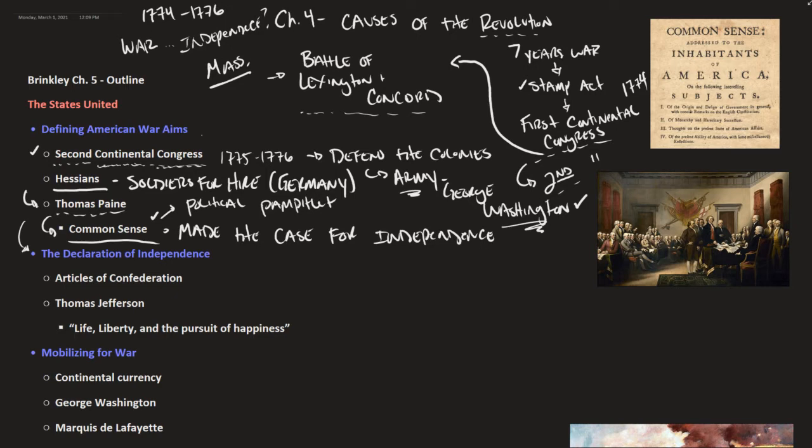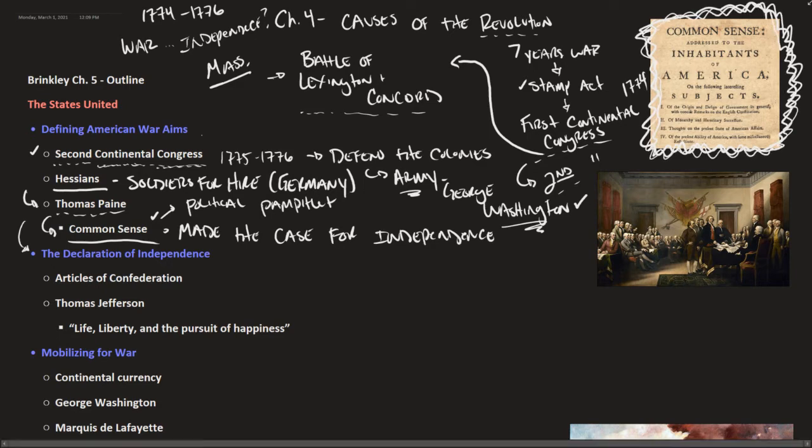One thing that Thomas Paine did really well was that he explained independence and separation in terms that everybody could understand. He used a lot of religious imagery, again, religion and Christianity being something that a lot of the colonists were familiar with. And said things like, what sense does it make for an island to rule over an entire continent? And when put like that, of course it makes sense.